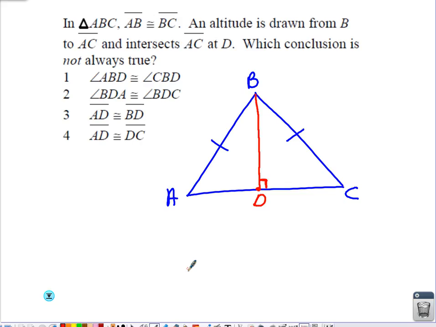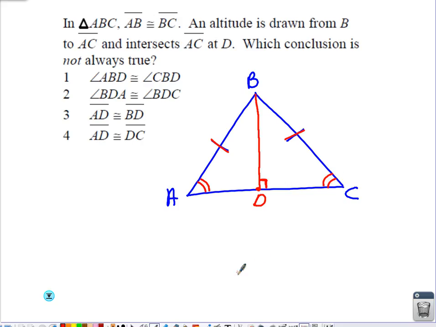Yeah. I told you before, an altitude or a perpendicular bisector that's drawn cuts an isosceles triangle into two congruent triangles. They're mirror images of each other. Because think about it. These sides are the same. These angles are the same because it's an isosceles triangle.